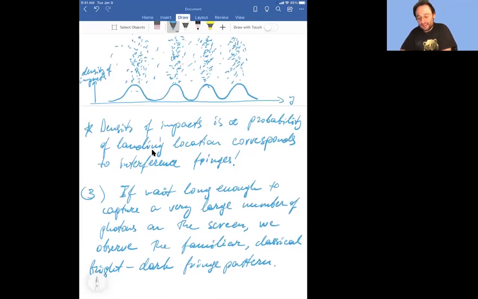So there's some kind of interference going on, and it cannot be explained by interactions of classical particles.